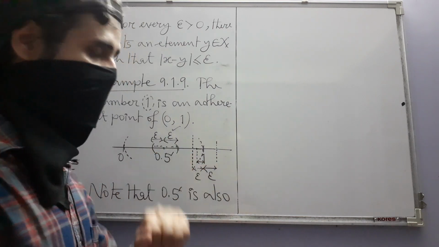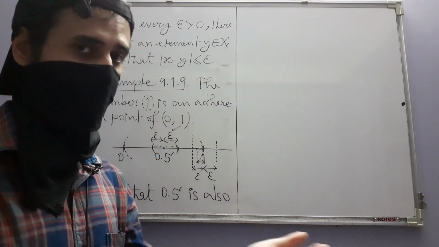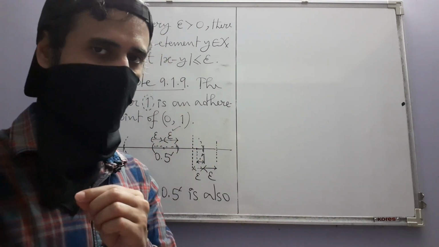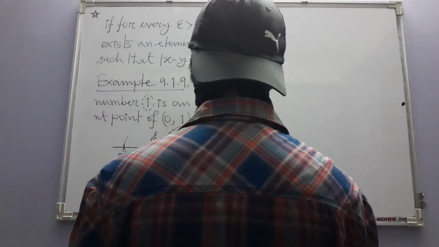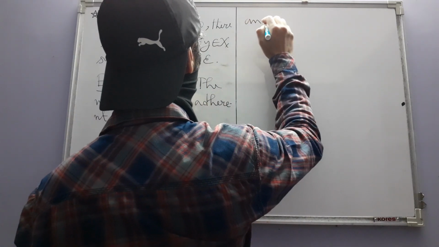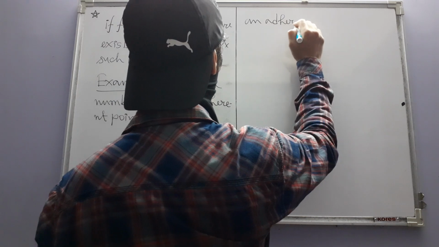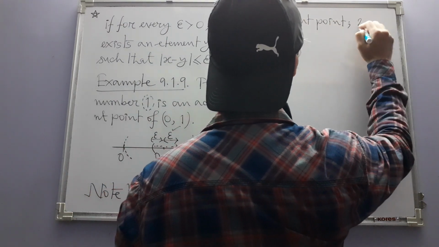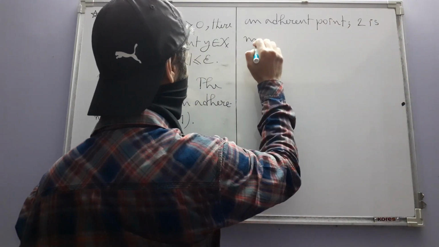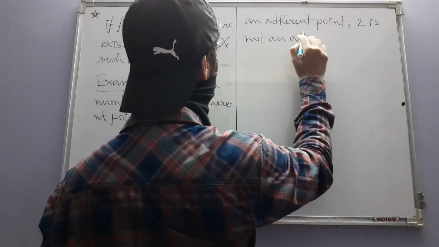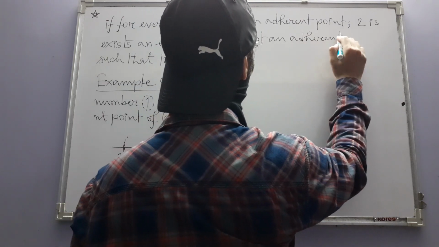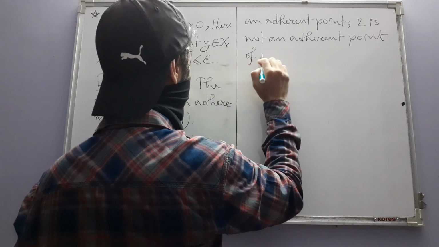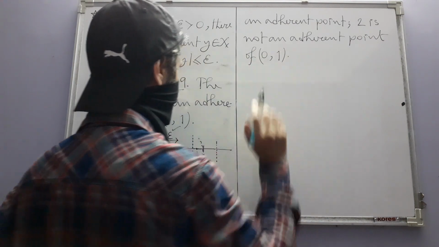So you cannot choose a point that will lie in that region, which will be closer to the point 2 than your epsilon. Okay. So that is why 2 is not an adherent point of (0, 1).